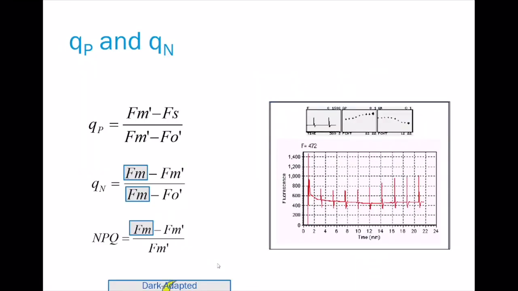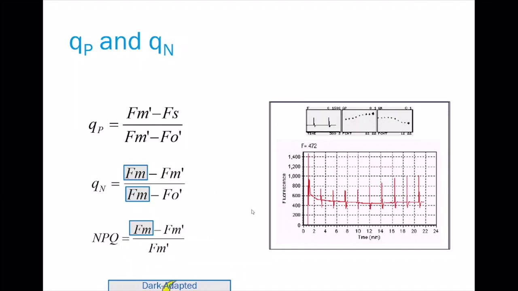Now switching over to some popular fluorescence parameters, they're QP and QN. And I just wanted to mention that for these parameters, it's important to be able to combine dark adapted measurements with light adapted measurements. And so in this situation, you want to make sure that you are keeping the fluorometer settings the same between when you do your dark adapted and your light adapted.